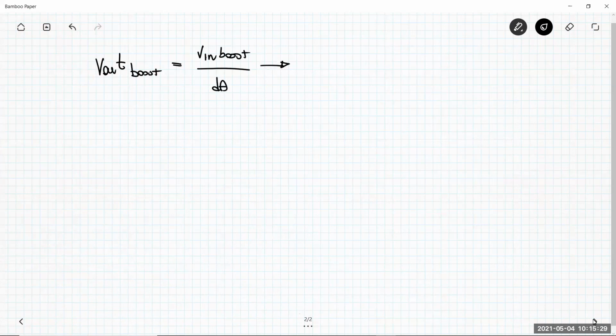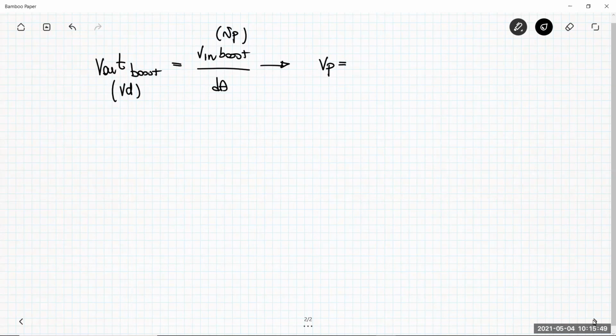From this expression, V out boost is the output voltage, so this is VD. V input boost is VP, the voltage across the capacitor.